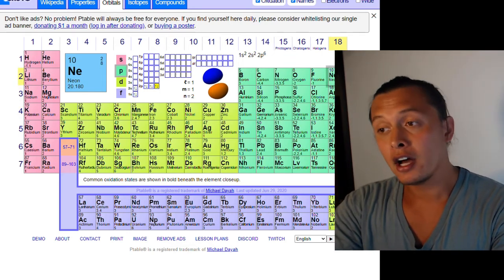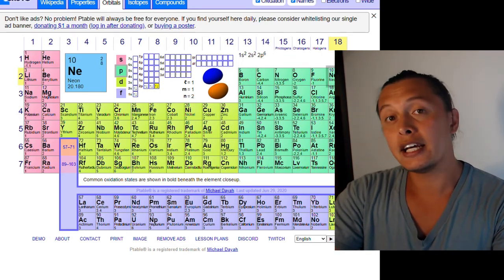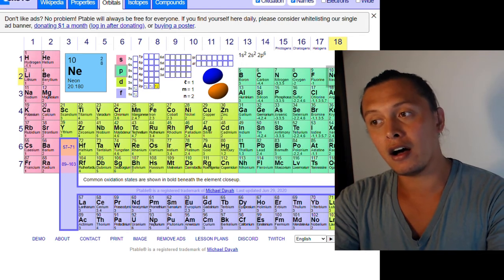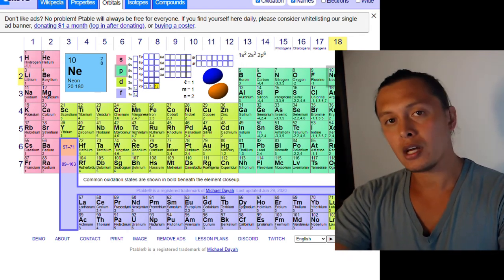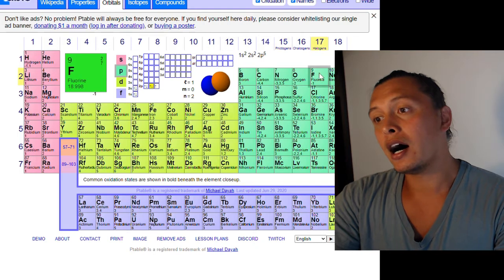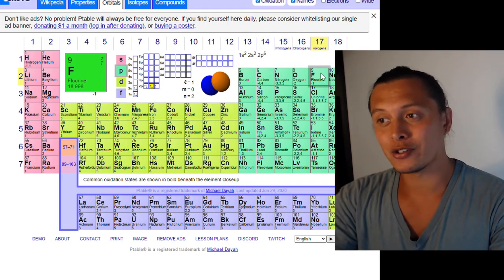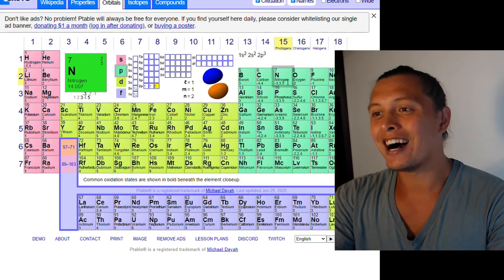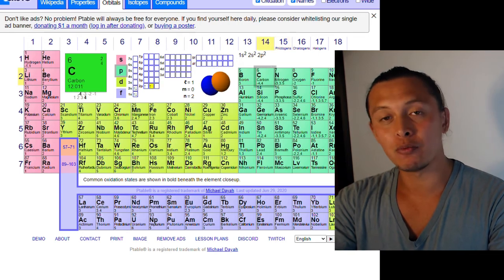Here is neon. Neon is very small, and it does not have a very good ability to be squishy. And here, fluorine, I should also say, is even worse at that. And then we also have nitrogen, which is also very small.